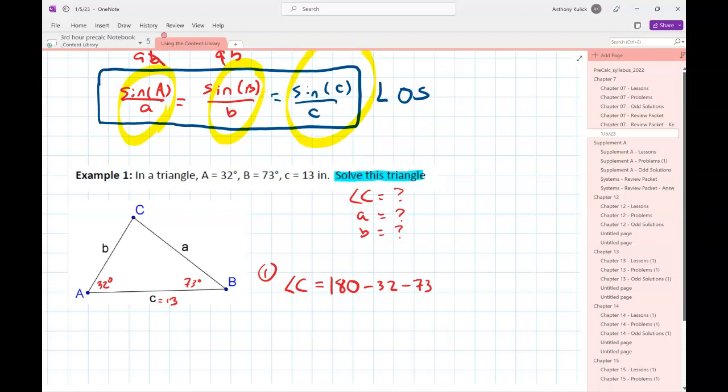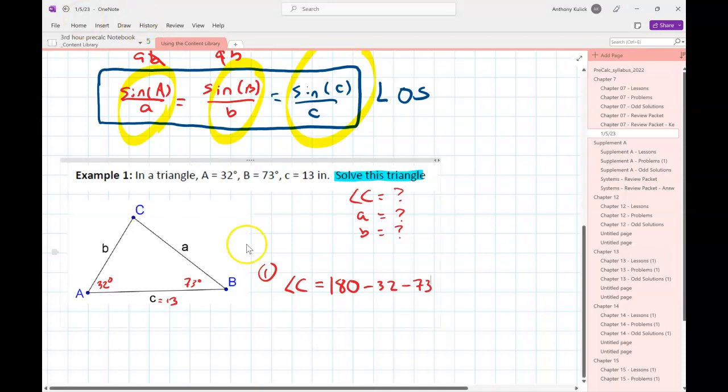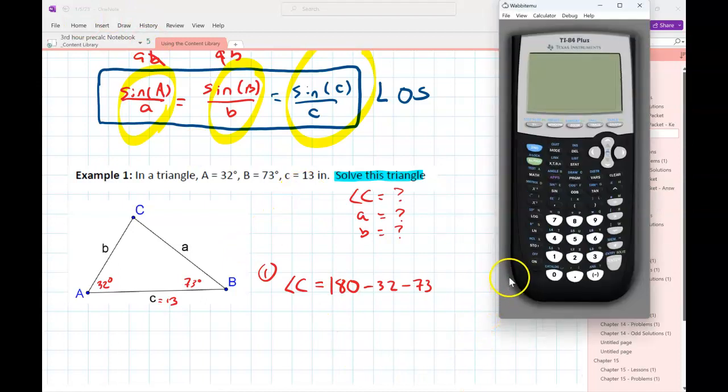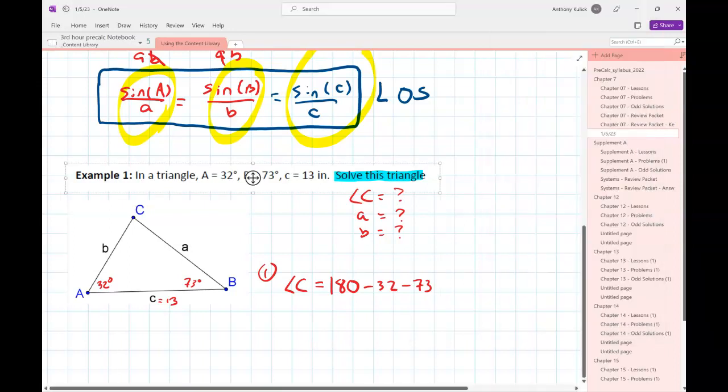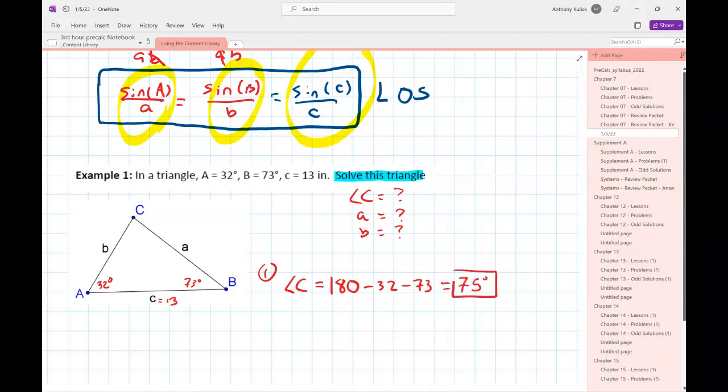So I know that angle C is just going to be 180 minus 32 minus 73. So that gives me 75 degrees. Everybody happy? So far, so good?